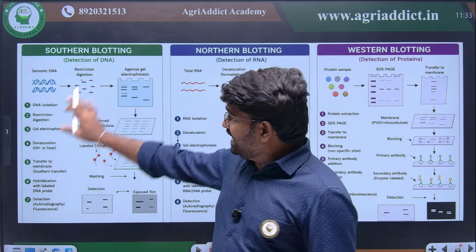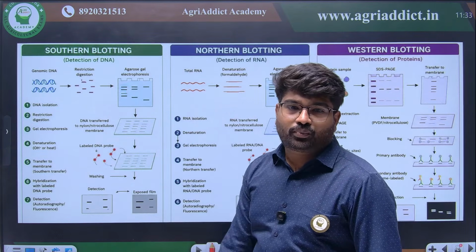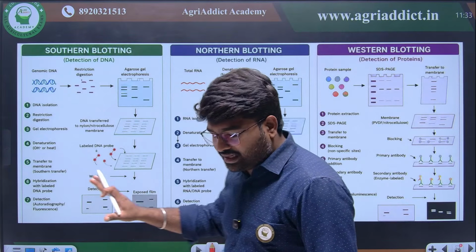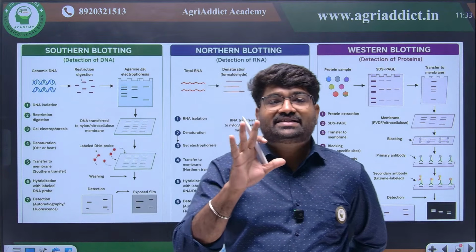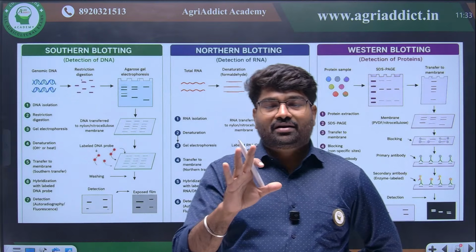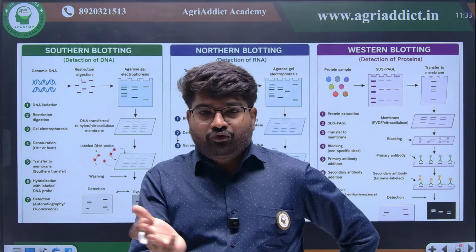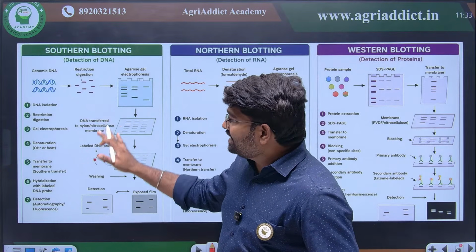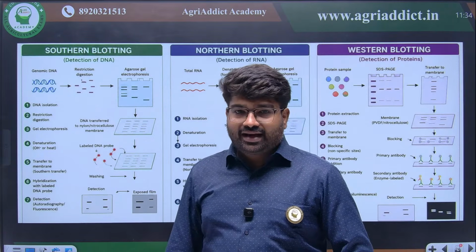Here we have listed what Southern, Northern and Western blotting are, and what different procedures they use. This is not important. The most important thing you have to remember is how the double stranded DNA molecule will be converted into single stranded before blotting to the membrane. The double stranded DNA molecule will be converted into single stranded molecule by alkaline hydrolysis.